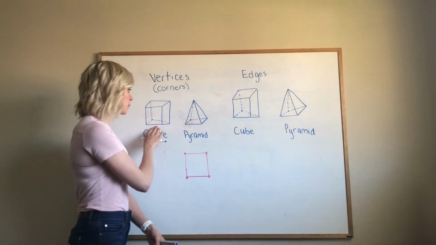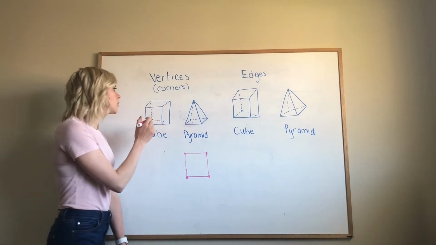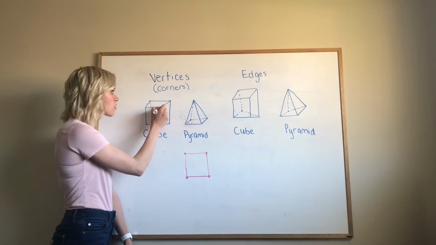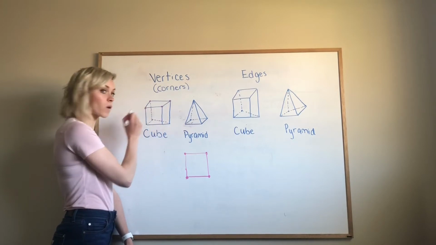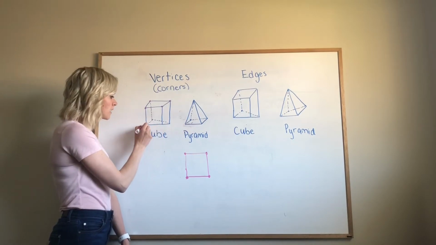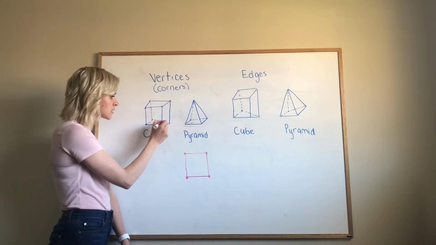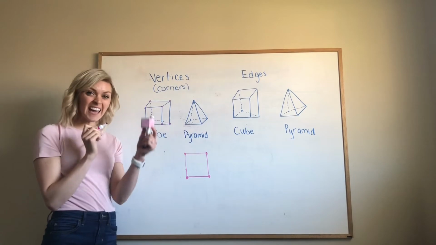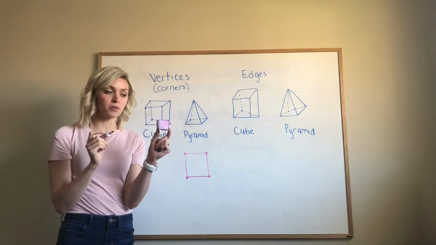I'm going to count on our board 1 here. So there's 1, 2, 3, 4, 5, 6, 7, 8. 8 vertices on our cube.